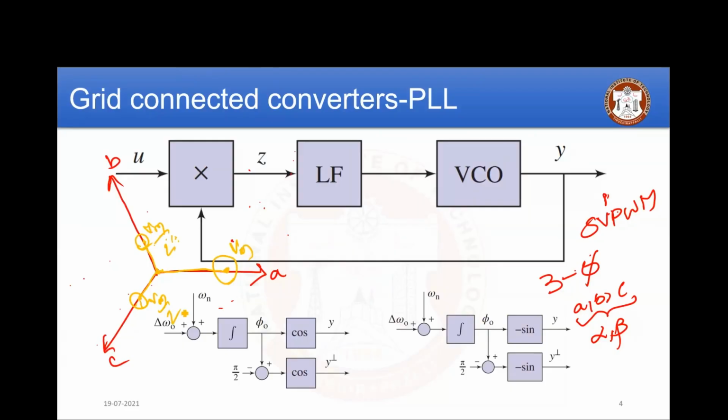I'm not talking with respect to time, I'm just talking about magnitude alone. If you add all that, you'll get the sum 0 for a balanced one.